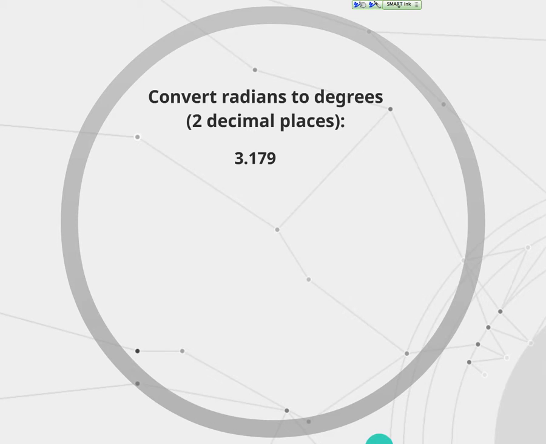Okay, so this one says, again, convert radians to degrees. Notice it says to 2 decimal places. So that does not mean 3 sig figs. You want to make sure that you pay attention to the way the question is being worded. But we can start this one the same way. 3.179, still timesing it by 180 over pi.